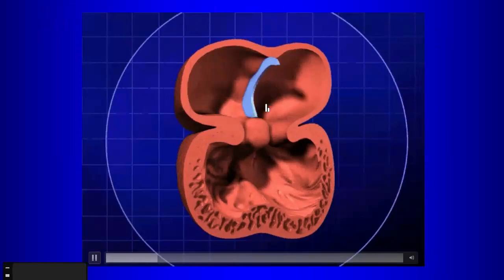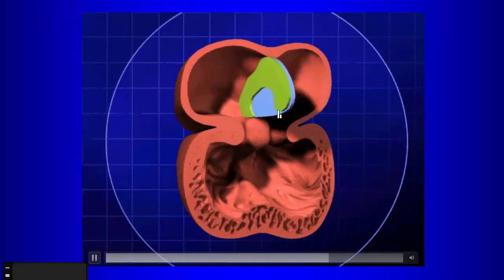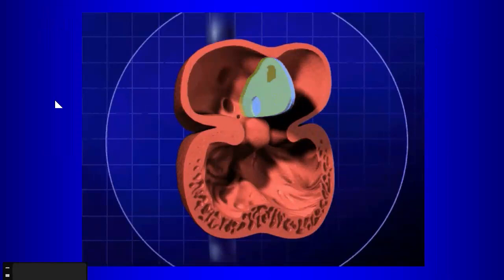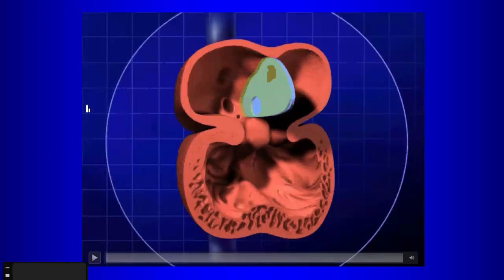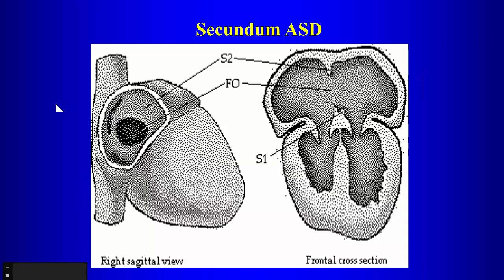And so for the formation of the atrial septum, here's kind of a movie that shows you how that goes, and then by the time you're done, you have this potential communication, or in utero, it's an actual communication between the right atrium and the left atrium through the foramen ovale, patent foramen ovale. And then if there are defects in here, then you can have an actual atrial septal defect.